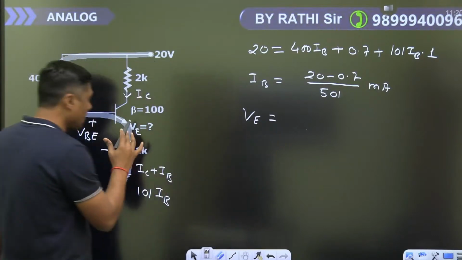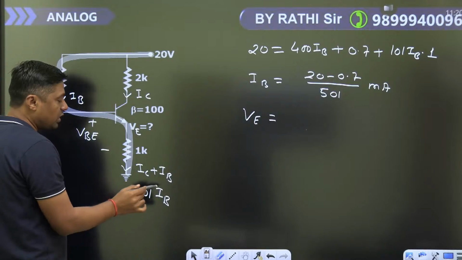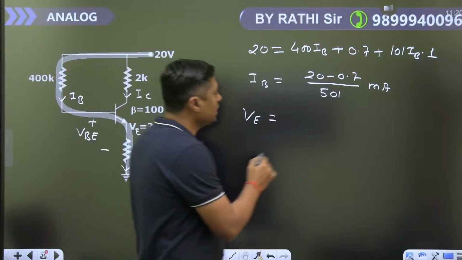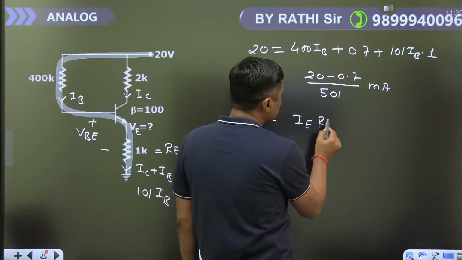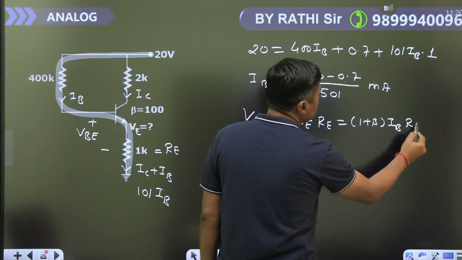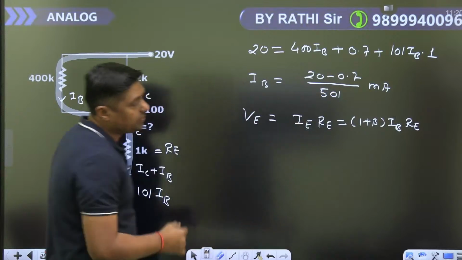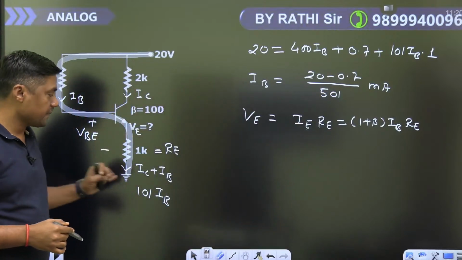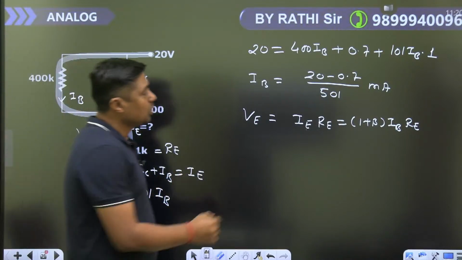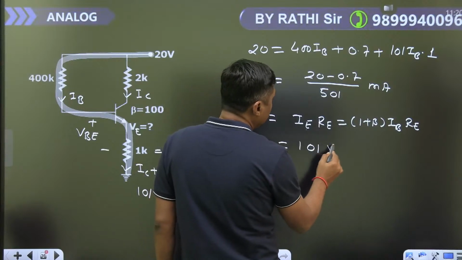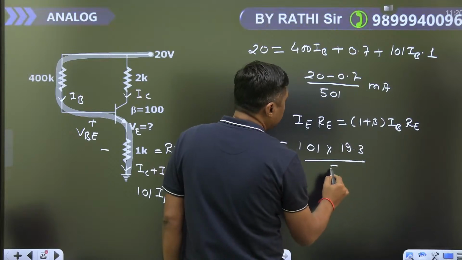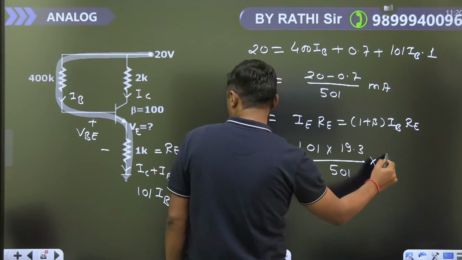VE, the voltage at the emitter terminal, is nothing but 101 IB into 1 kilo ohm, that is RE. You can write IE into RE. What is IE? 1 plus beta times IB. This is the emitter current IE. Then this will become 101 into IB, which is 19.3 upon 501, into 1 kilo ohm.